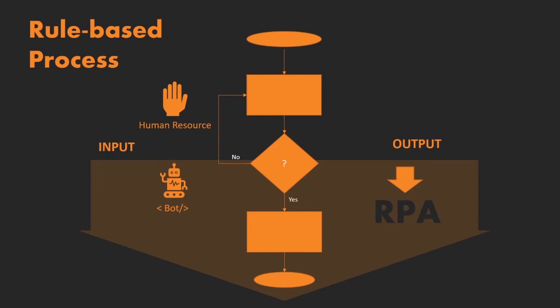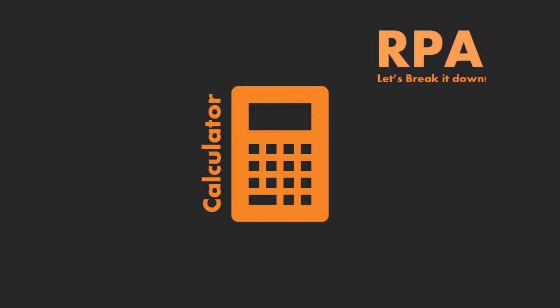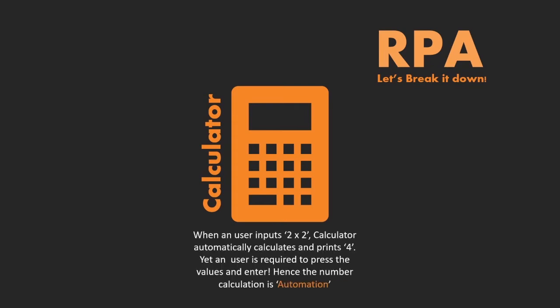So there are many criteria we look at when considering RPA. Once we have understood that, let's break it further. What does RPA stand for? For that, let's take the help of a calculator. Usually in a calculator, when a user inputs 2 times 2, I key in 2, press multiply, and then 2, and the calculator automatically calculates and prints 4.